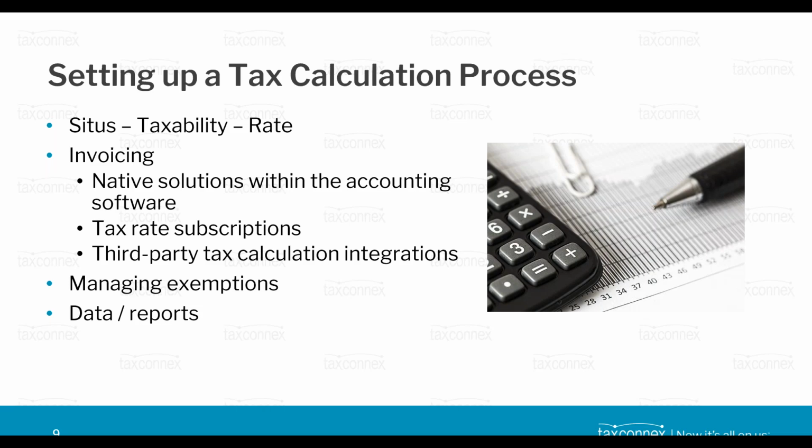That's a pretty easy scenario to solve for, where I think any accounting system could manage that simplicity for a client. But then we start looking at scenarios where maybe you're selling into multiple states, you're sending out hundreds of invoices a month, you have a mix of taxable, non-taxable products and services. That starts to get pretty complicated to try to figure out how to manage that tax application, and a tax calculation solution becomes much more effective.